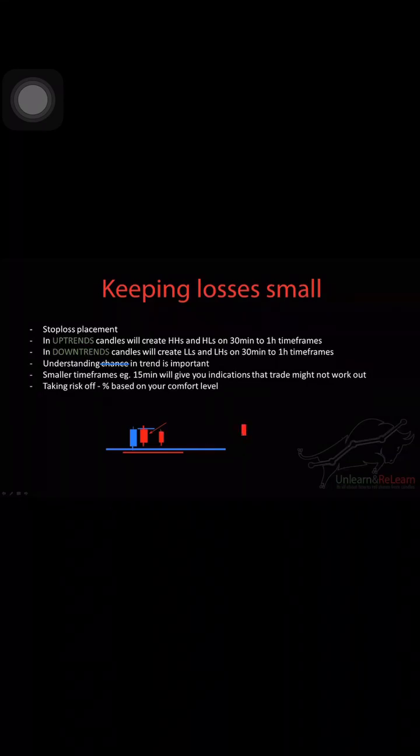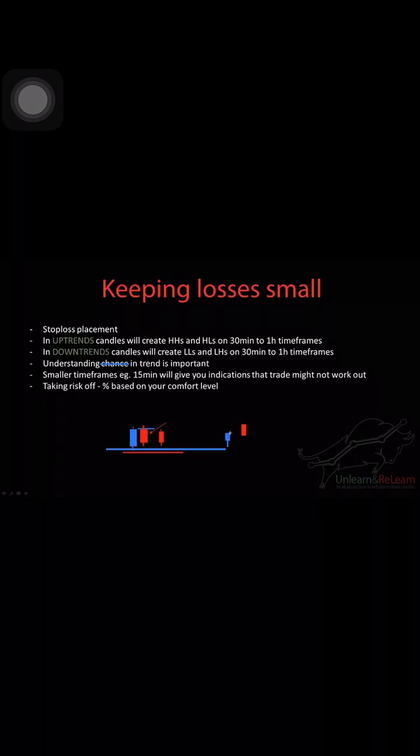For better understanding, say you had a 15-minute candle that went up, and then the next 15-minute candle went up. So these two 15-minute candles formed one 30-minute candle right over here, right?